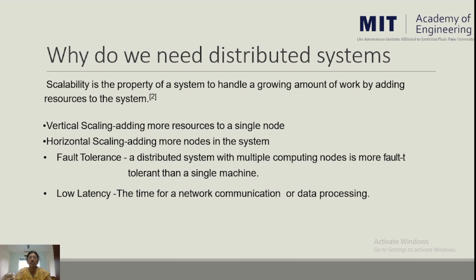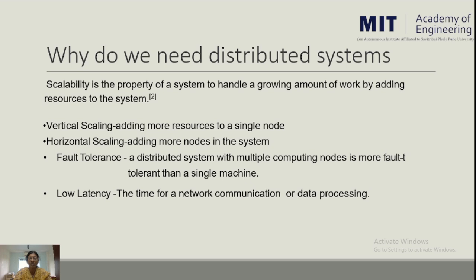Scalability is the property of a system to handle a growing amount of work by adding resources to the system. Scalability can be of two types, vertical scaling and horizontal scaling. Vertical means adding more resources to a single node and horizontal means adding more nodes in the system.